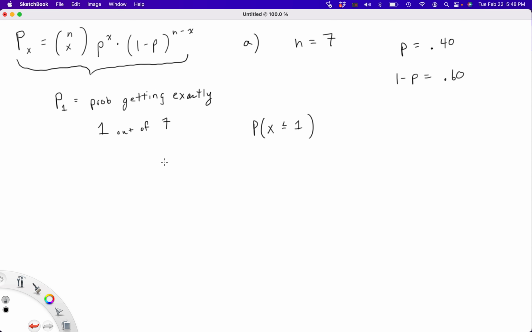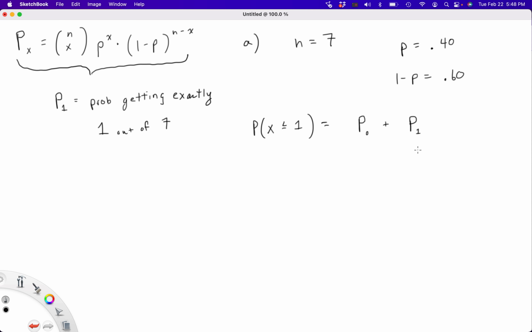But you might notice the question that we're being asked in part A is, what's the probability of getting less than or equal to 1, not just equal 1. If we use this formula, it will tell us the probability of getting exactly 1 success out of those 7 experimental trials. So we're just going to have to adapt this a little bit. For less than or equal to 1, if we can only use this formula on the top left, then we really have to do P for 0 and P for 1, and then add them together.